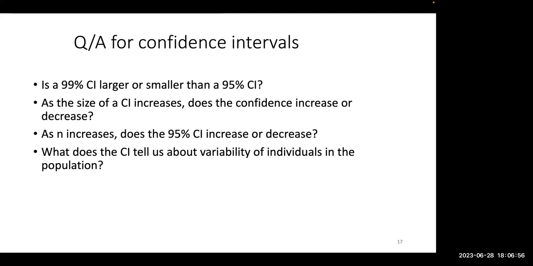So it's 2.58 instead of 1.96. If you have a 90% confidence interval, you only have 1.65. So it's actually smaller and narrower. As the size of a CI increases, does the confidence increase or decrease? Same question in a different package, right? What does the CI tell us about the variability of individuals in the population? Nothing.